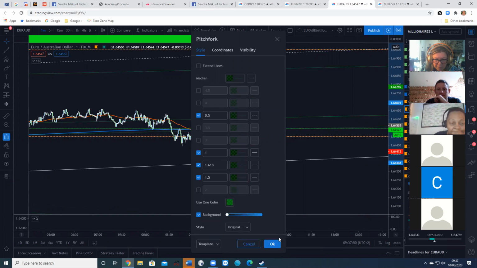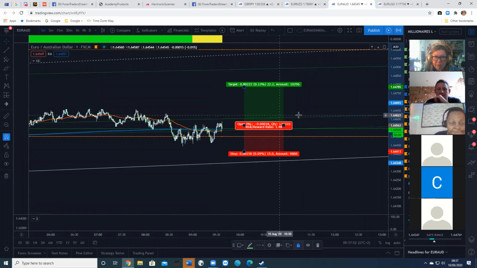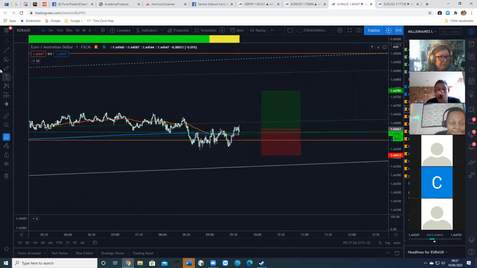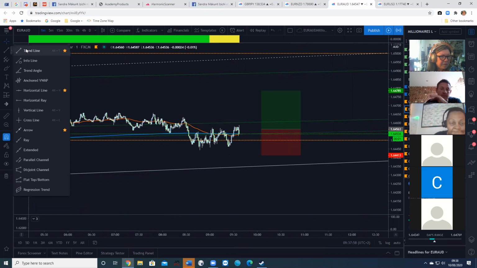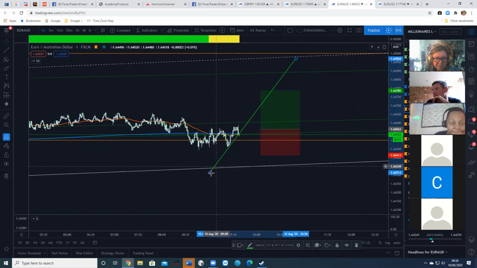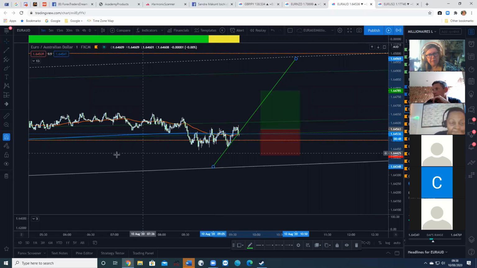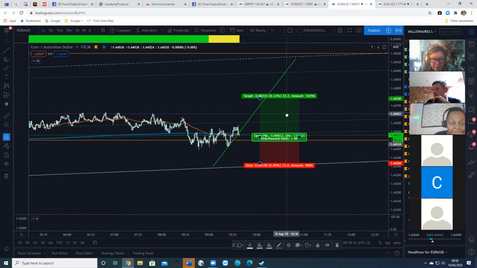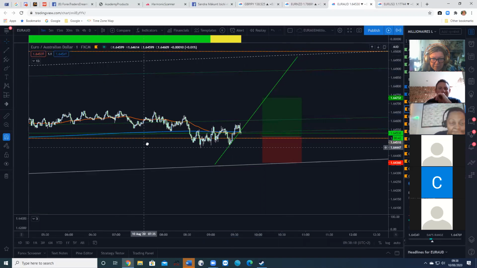Show you that. That's that green one there. Let's go back to GJ. Oh, that would be good if it came back down to quarter theory and then takes off.